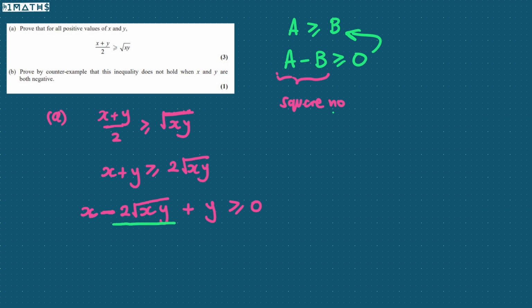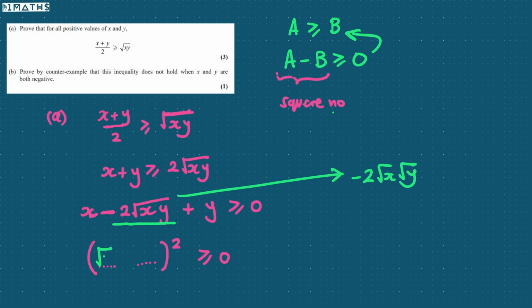So if I were to think of putting this into brackets, squared greater or equal to 0, then in order to get minus 2 root xy, that had to be minus 2 times root x times root y. And in order to get that, my first term must be root x, because root x squared is going to give me x.